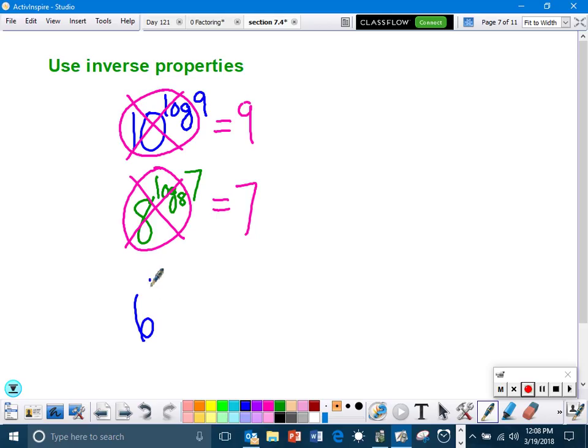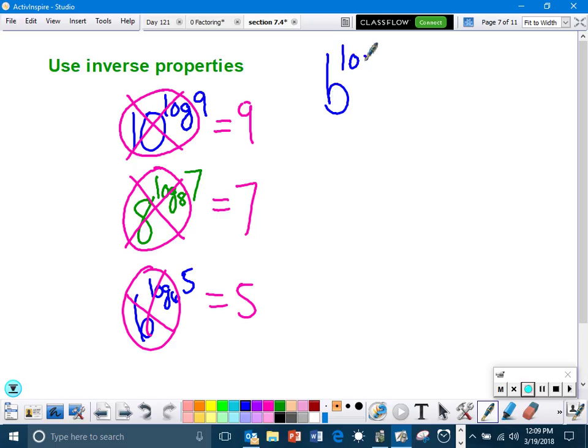Base 6, log base 6 of 5. Again, this is going to cancel out, and my answer is 5. So the general rule here is, if you've got a base, log with the same base, of x, your answer is whatever that number is behind the letter g.